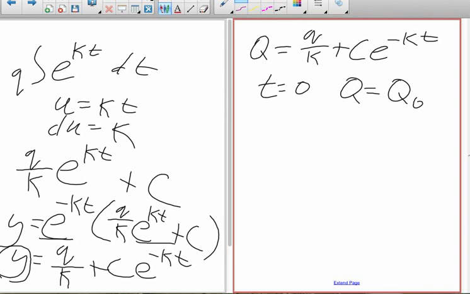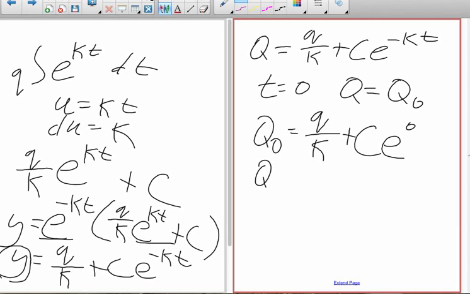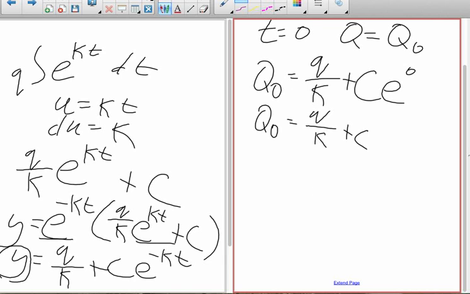So we plug back in. Have q0 is going to equal q over k plus c times e to the 0, or q0 is q over k plus c, and I solve for c. So c is going to equal q sub 0 minus little q over k.